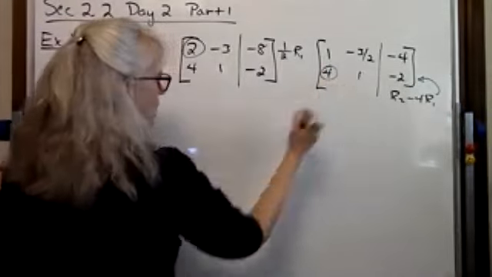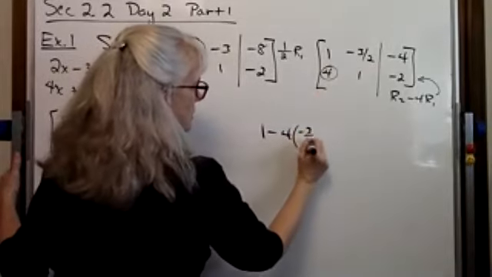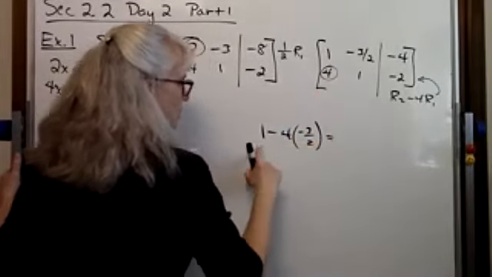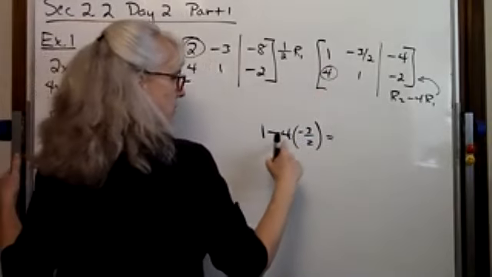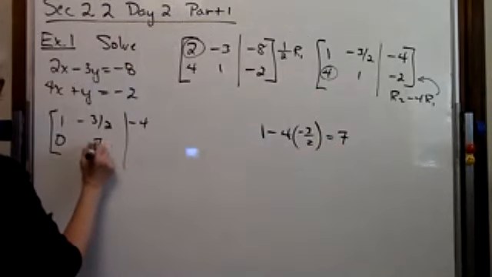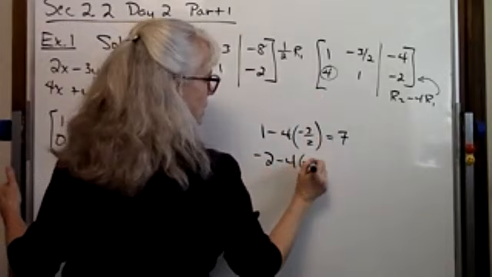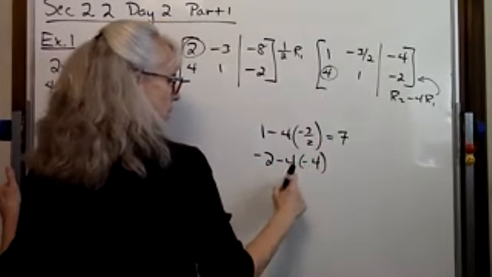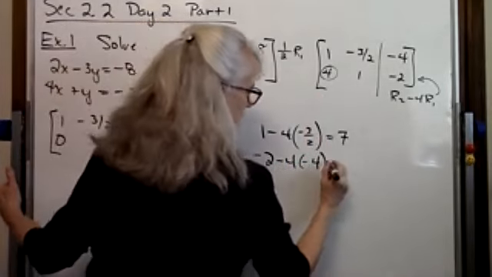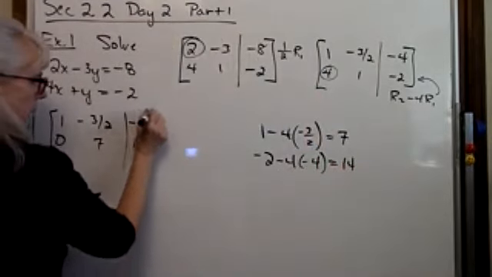I have the 1 minus 4 times that -3/2. So that'd be 1 plus 12/2, that's 6. 1 plus 6 is 7, so that's going to give me a 7. In the next spot, we have the -2 minus 4 times a -4. That's a positive 16. -2 plus 16 is going to give me 14.